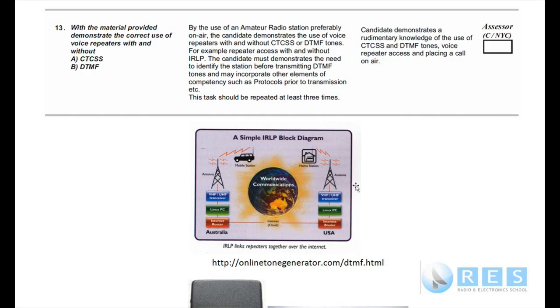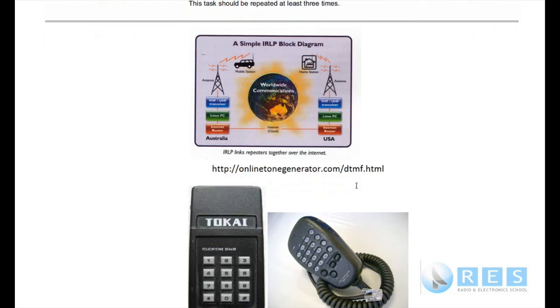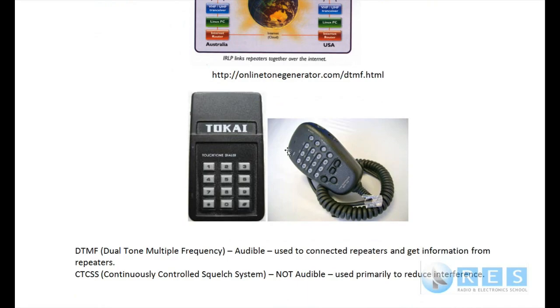Most modern amateur radios have a DTMF tone generator in them. Those that don't, you can get a tone generator. I've got one of these, and you can just hold it up against the microphone and key in the numbers.